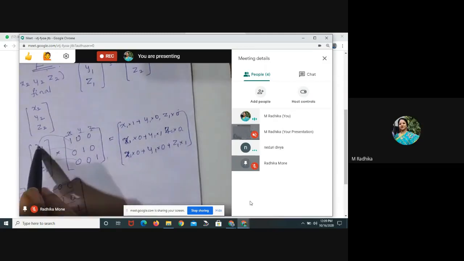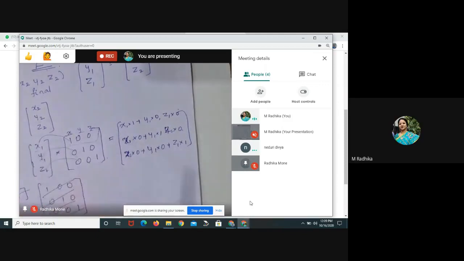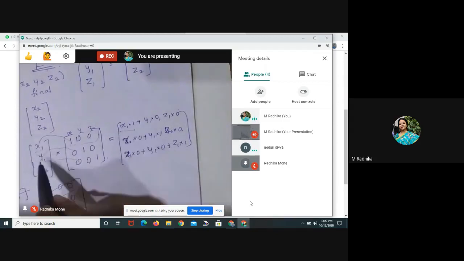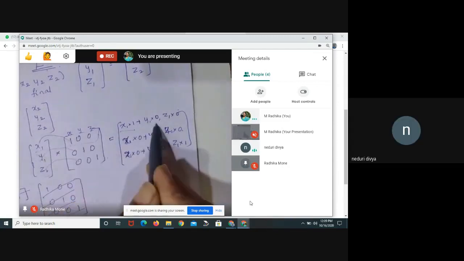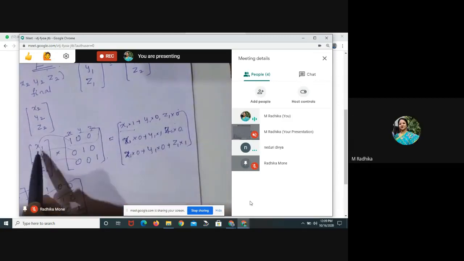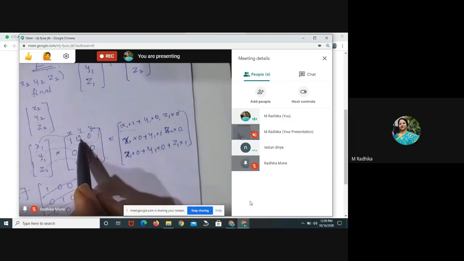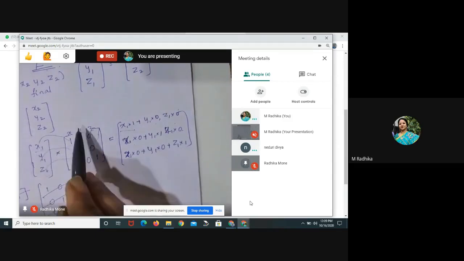It is a column into row that we have to do, always. So x1 into 1, that is what I have written. Then y1 into 0, then z1 into 0. Now coming to the second one, I will do again x1 into 0, y1 into 1, then z1 into 0.